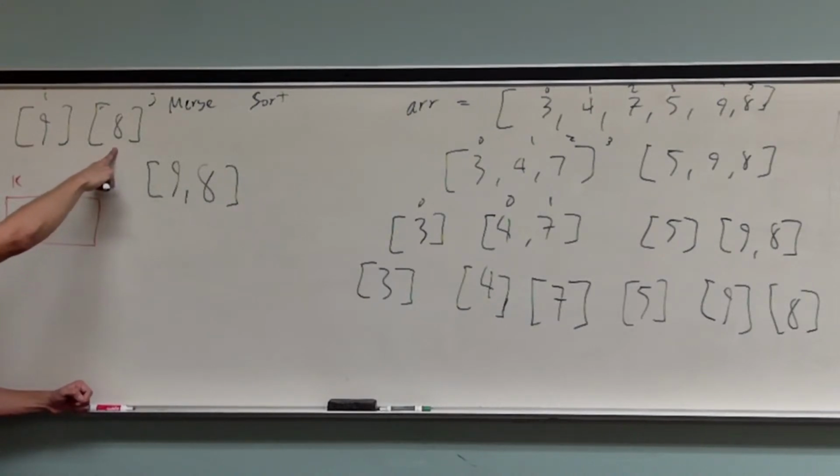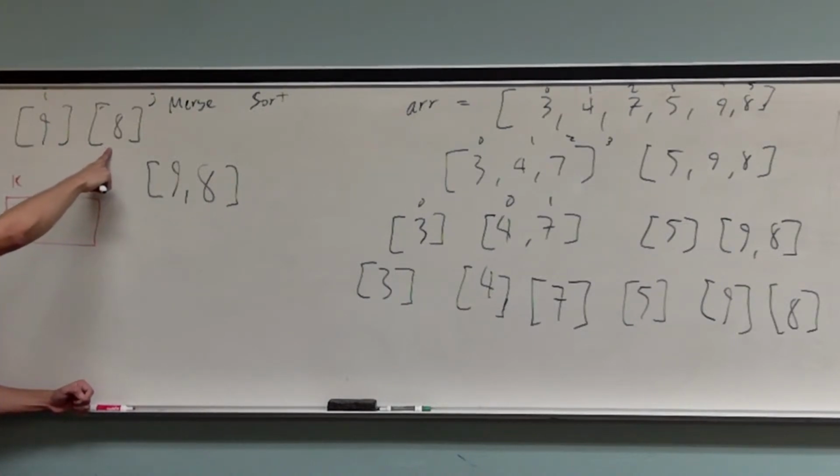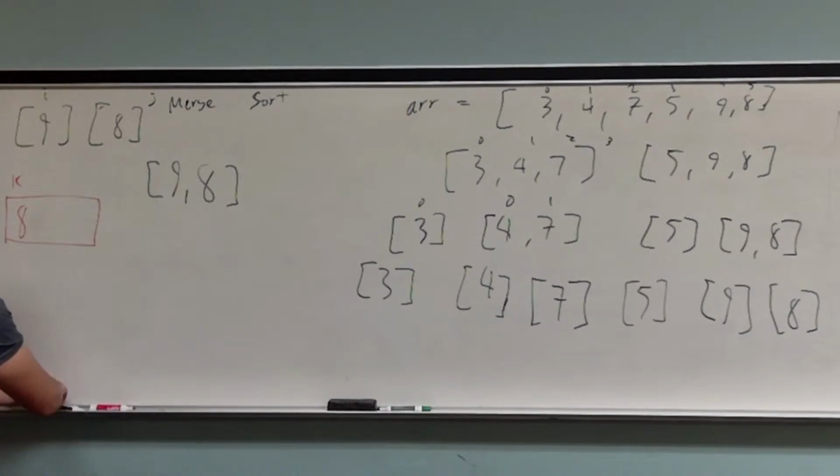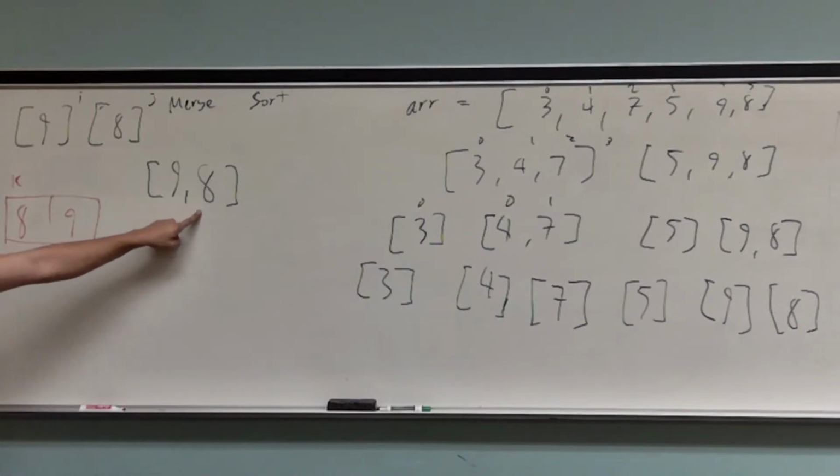So we finished looping through one half of the array, right? So this is done, but this one's not done. So we have to keep on adding values that were left over from this. So that's the point. Then we add 9. And then we're done with this. So our original value was 9, 8, right?